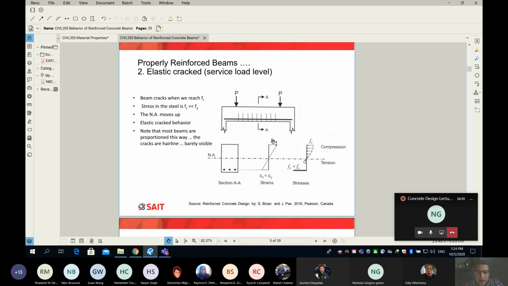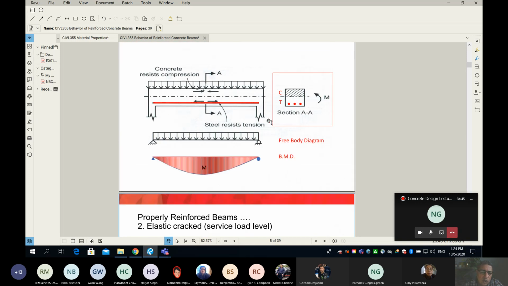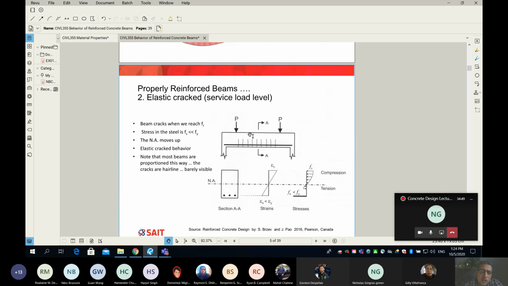Okay, now look, you can see here is my situation right now. Please don't focus so much on the different forces. In the previous one the loads were uniform loads, and in this picture we have 2 point loads, P and P. It doesn't matter. Whether it's a uniform load or a point load, both cause bending moment.